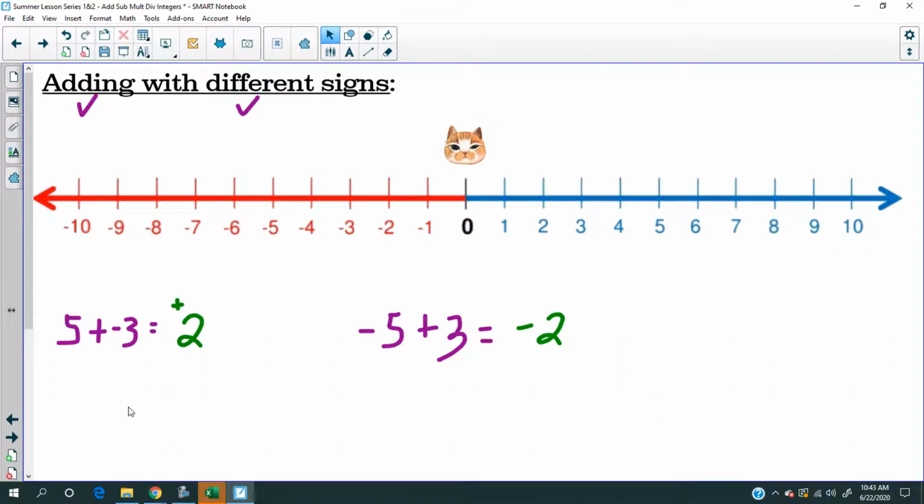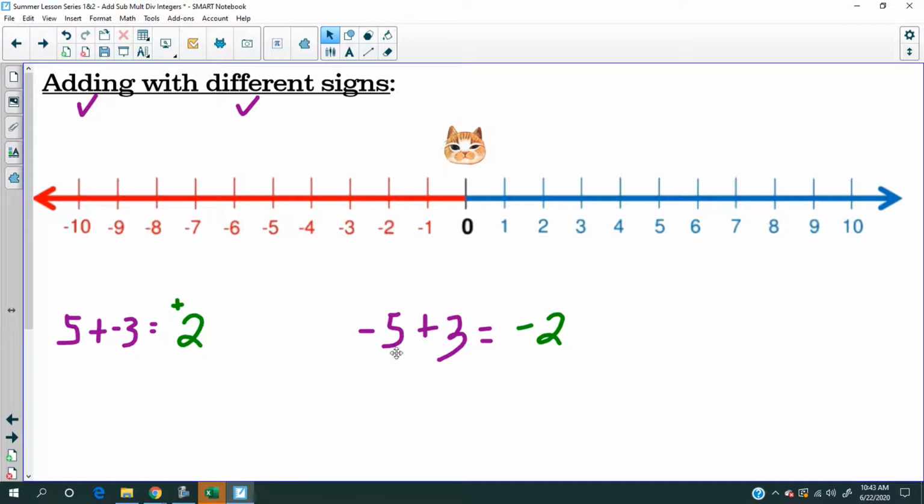And the rule is when you add with different signs, have you noticed, by the way, let's see if you can come up with the rule on your own. You see how this is 5 and 3, right? And this became a 2, right? How did that happen? Like, what operation can you perform with 5 and 3 where it will give you 2?